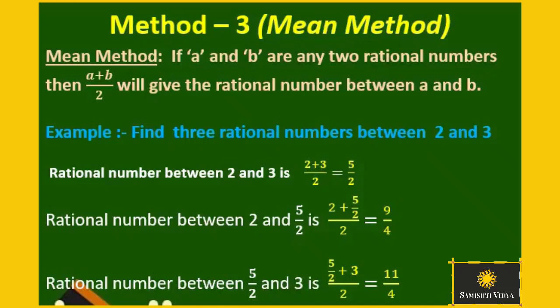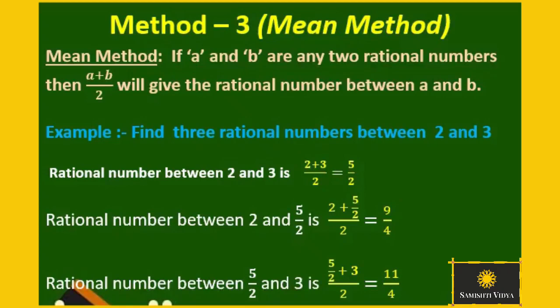The first rational number between 2 and 3 is 2 plus 3 by 2, that is the average of 2 and 3, which is equal to 5 by 2. Now, can we find the second rational number in between 2 and 5 by 2? Yes, that is 2 plus 5 by 2 divided by 2, which will result in 9 by 4.